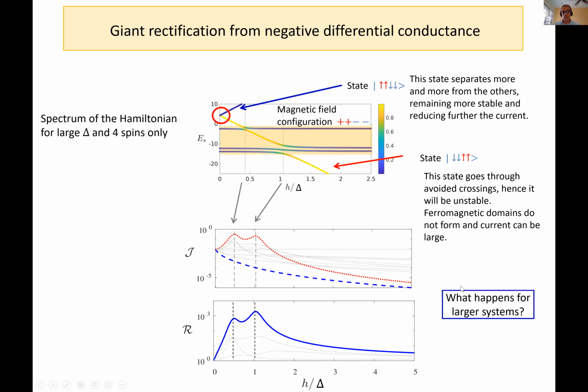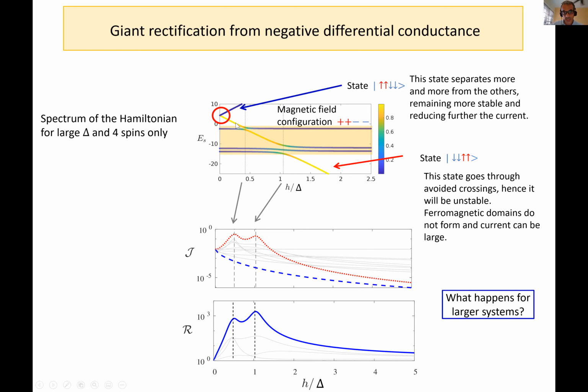Now, what happens for larger systems? For larger systems, the initial point is the same. If we look at the configuration with half spins up and half spins down, or its reflection-symmetric configuration, half spins down and half spins up, they will both be high energy eigenstates of the Hamiltonian.